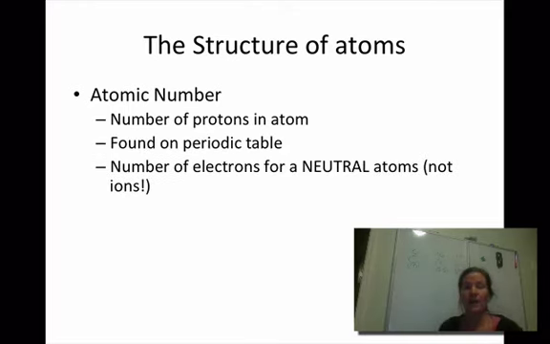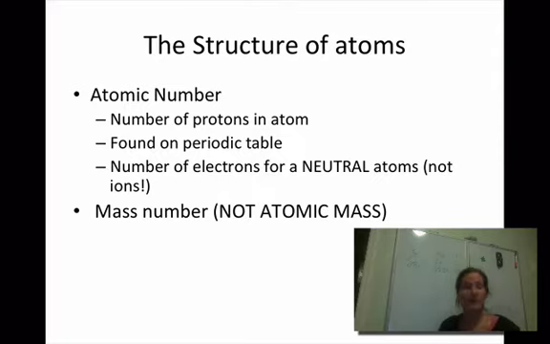If we're dealing with an atom that is neutral, meaning it does not have a charge, it's not what we call an ion, then this number will also represent the number of electrons, because if it was neutral, you need the same number of positive and negative charges.